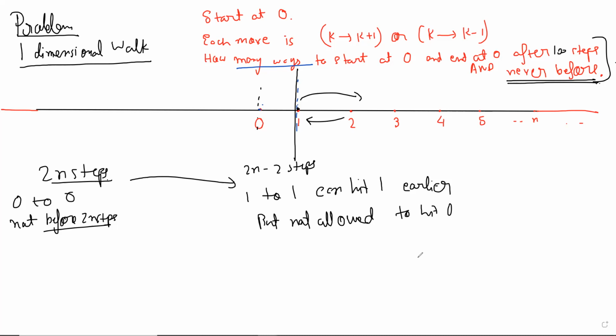Now this is slightly different because the flavor of the question has changed, right? Not hitting before. You can also write this as 0 to 0, that's just a translation. That does not change the problem. Not allowed to go to -1.